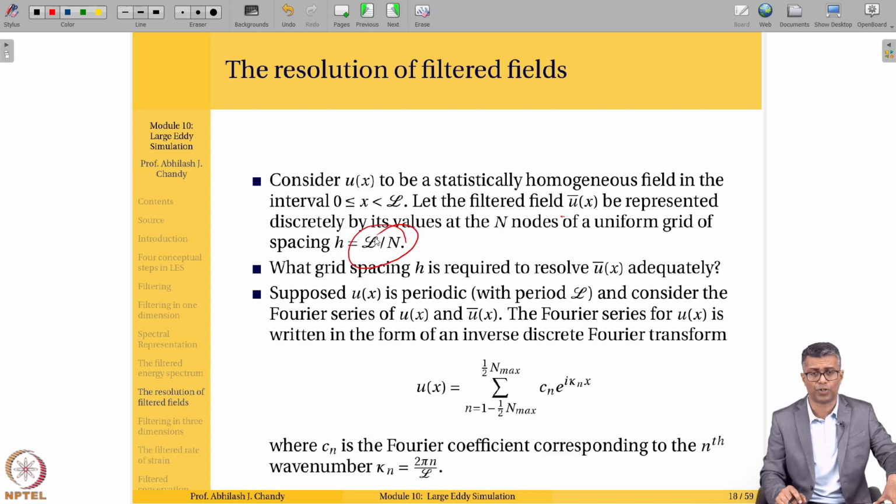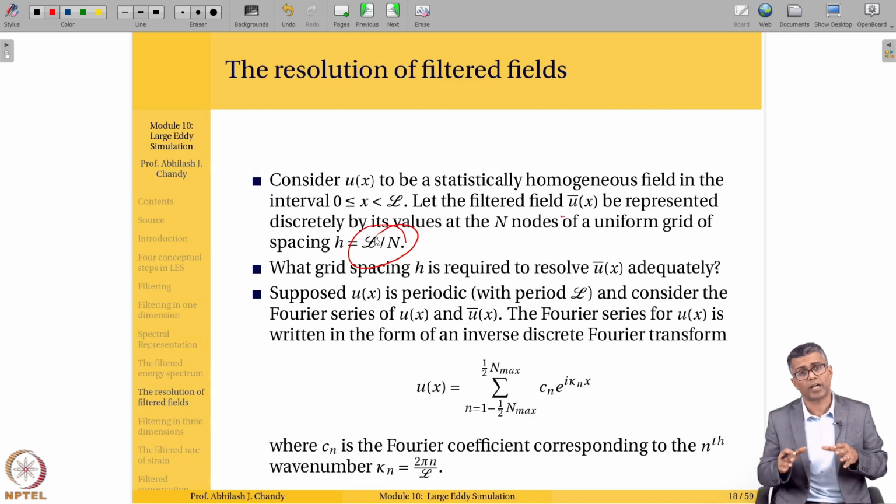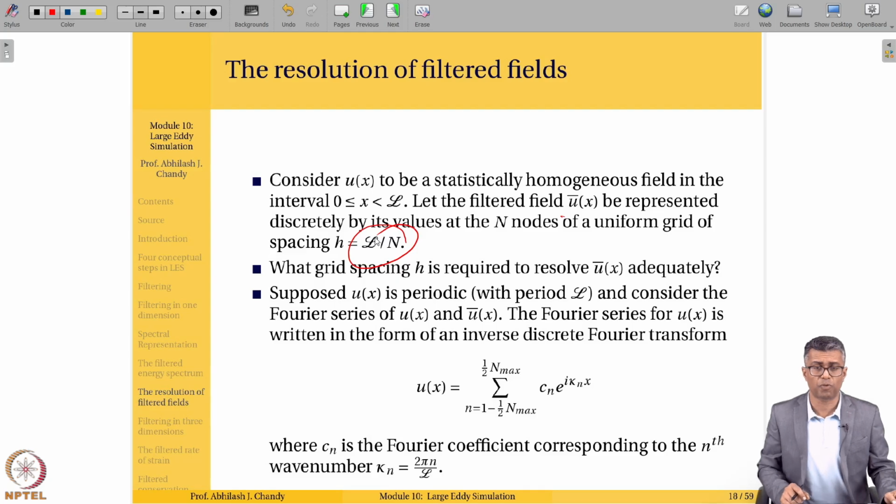We did the same thing for direct numerical simulation, except there we were talking about u being resolved exactly for all the length scales. So that means we did not have a u bar, we only had a u. Now here, u bar is resolved on a grid that has a grid spacing of h equal to L by N. Now the question you have to ask before moving forward is, what is the value of h?